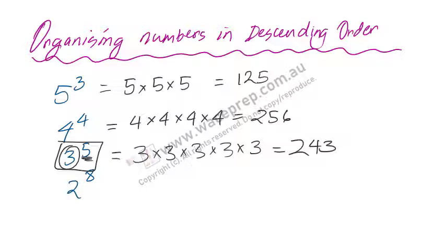Okay, and finally 2 to the power 8 means there are 8 2s.